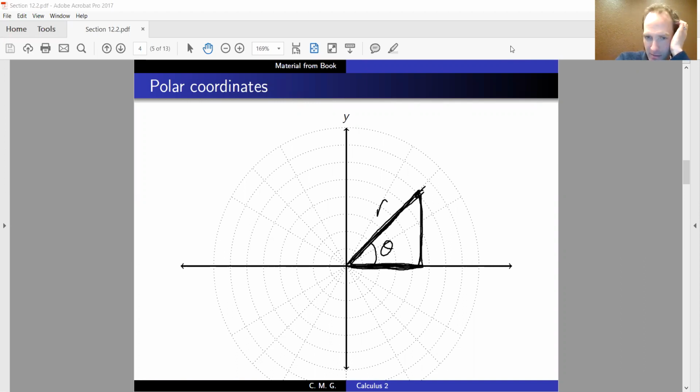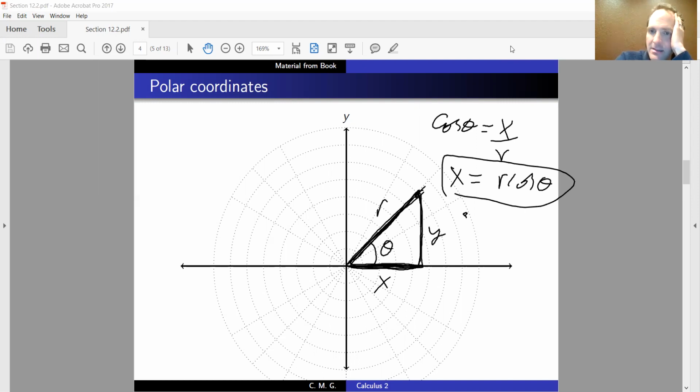And it turns out, cosine of theta is going to be x over r. So that means that x is just r cosine theta, because cosine is adjacent, which is the x value, over hypotenuse, which is the radius, the r. So I just get x is r cosine theta. Similarly, sine of theta is opposite over hypotenuse, which is y over r. So y is just r sine of theta.